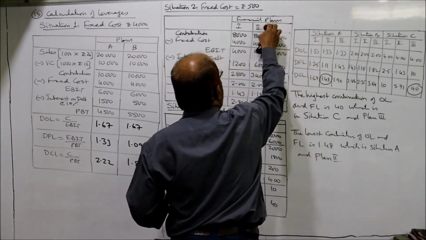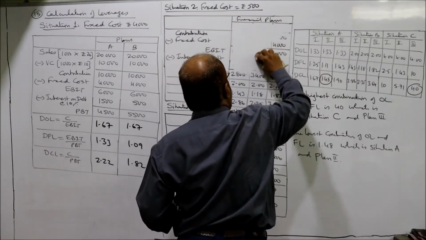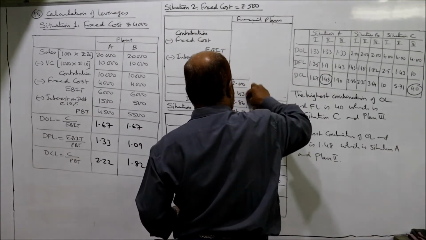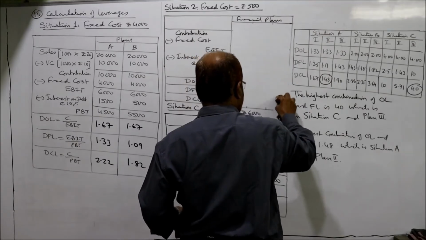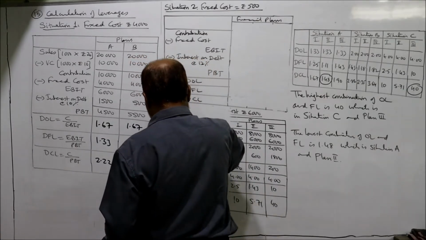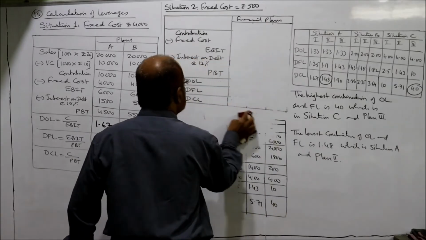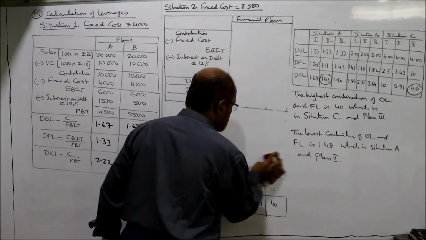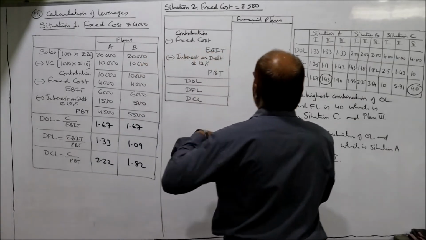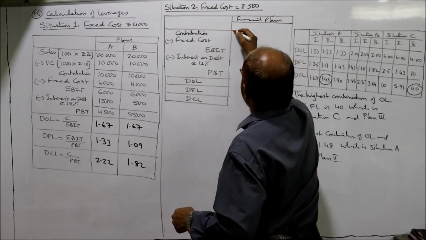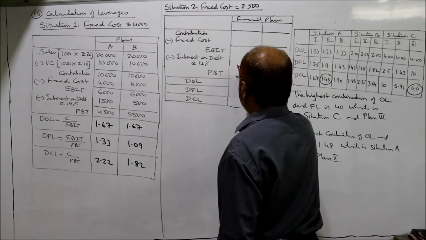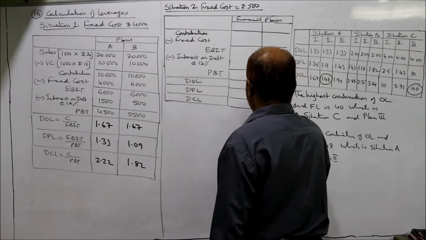Now instead of 3 plans, we have to make it 2 plans, A and B. Now contribution.